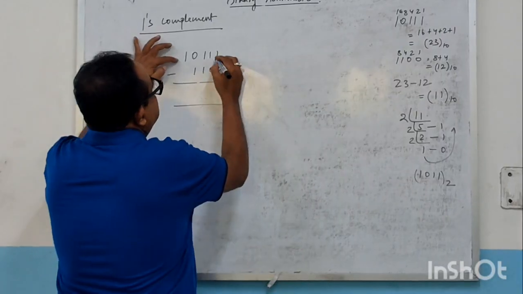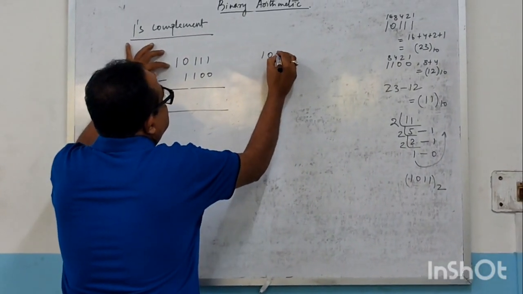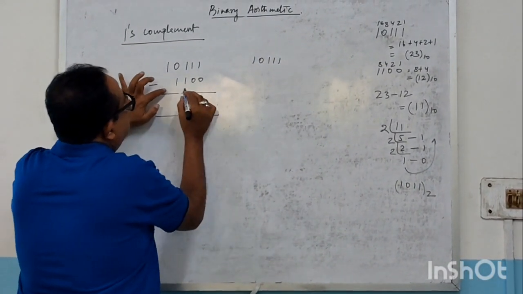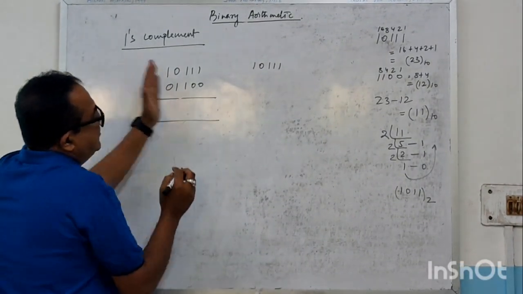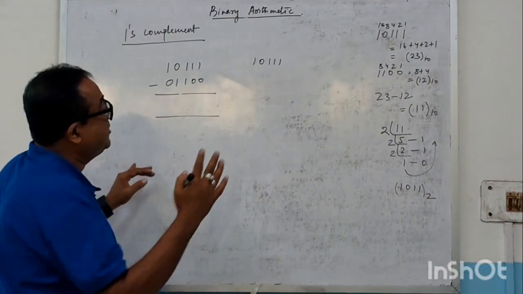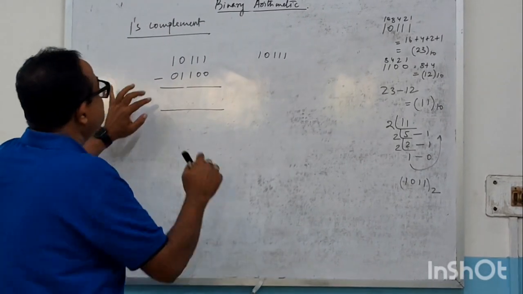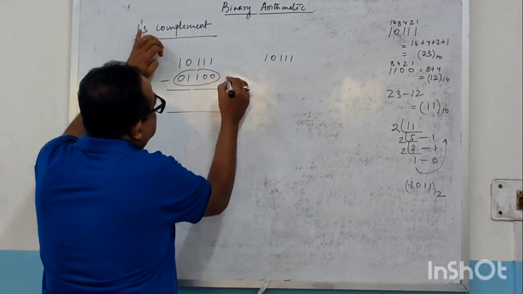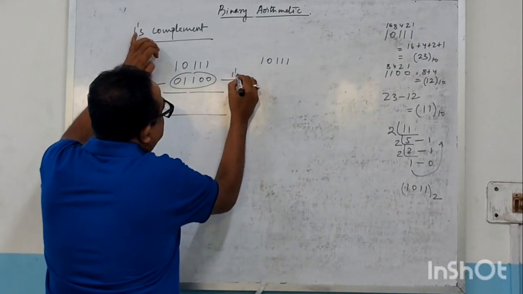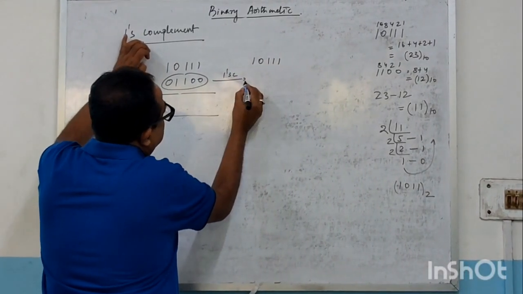The technique says that you write numerator as it is, denominator you can add a 0 here, okay, because a number is in the left hand side, you can add 0, that is no problem, but right hand side you cannot add. So now this denominator, we need to find out the ones complement of this denominator.